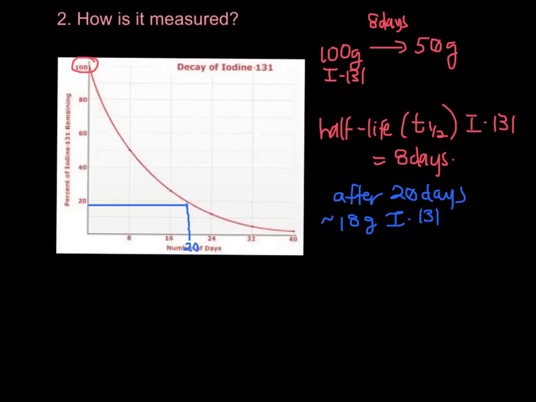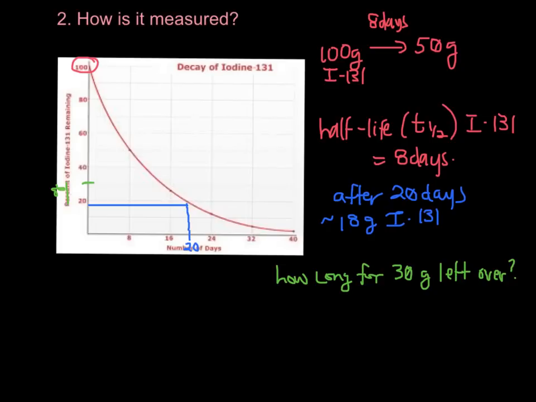So half-life graphs are extremely important to be able to read and to be able to get information from. Or I can do it in reverse. How long would it take for 30 grams of your iodine 131 to be remaining?